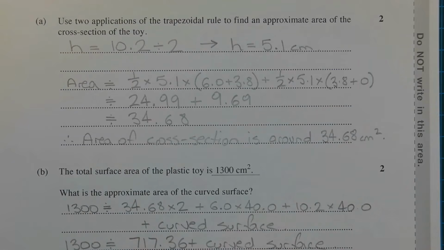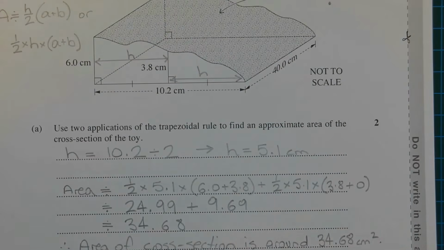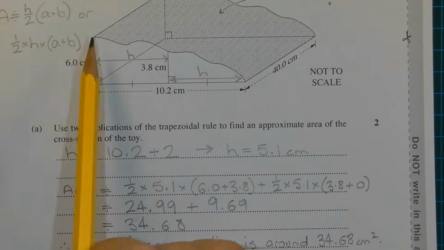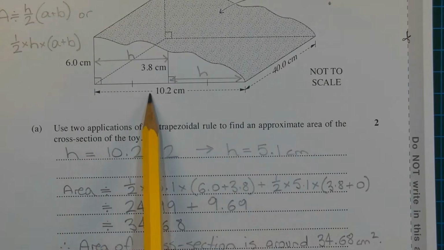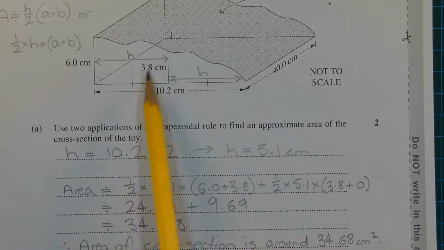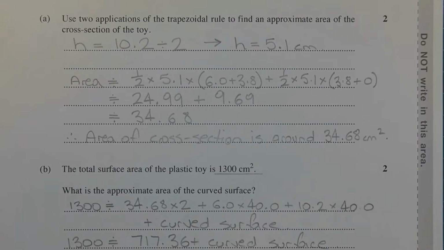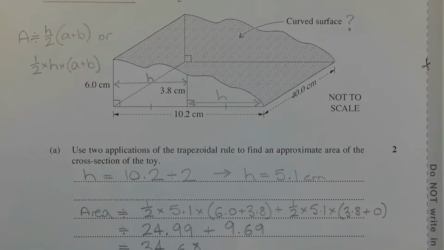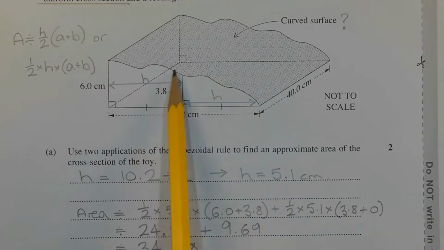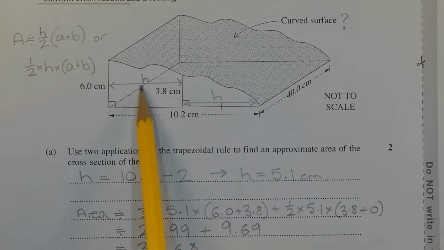34.68 times 2, if we go back to the diagram, 34.68 is the approximate area of the cross-section. And because the front and the back are identical, we multiply 34.68 by 2. Then we add on to that 6.0 times 40.0, which represents the area of the left surface, which is this rectangle here.